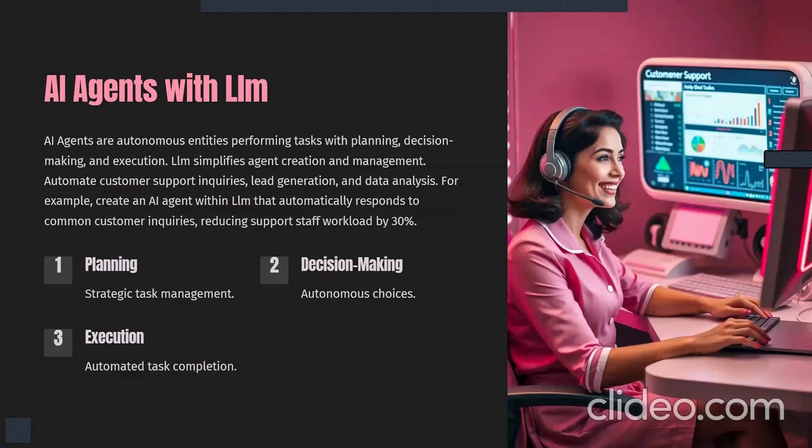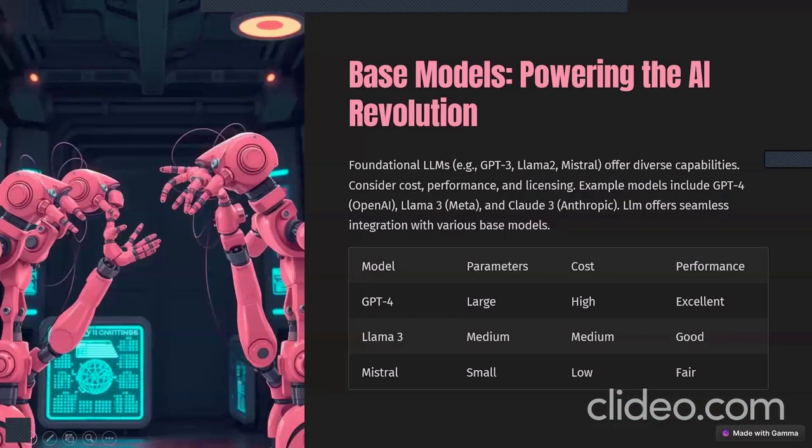Some of the base model examples are GPT-3, Llama, GPT-4, and Mistral. Generally, GPT-4 has large parameters and the cost is also very high. Among all the list, its performance is very high and it is rated as excellent.